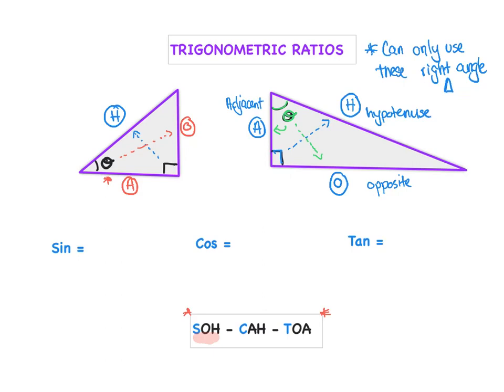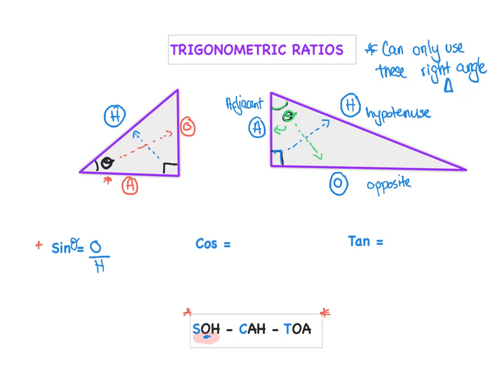That tells you this first rule: sine of the angle is equal to opposite over hypotenuse. Can you see in Sohcahtoa, O was mentioned first, so it's on the top of the fraction. Can you understand that?